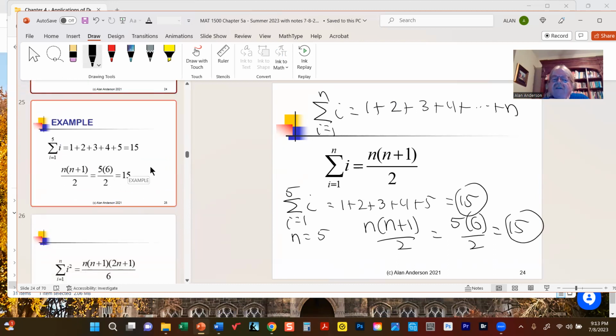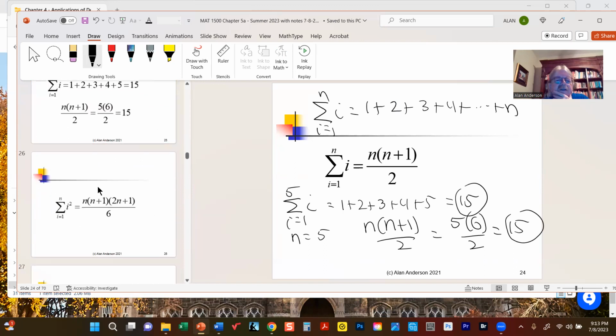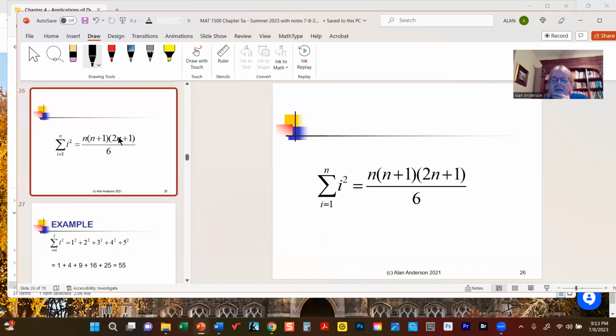Now, the sum of i squared is a little bit messier. Let's take a look at this one. Ooh, that's starting to get very complicated. So let's prove it. Or at least show it with one example. We're not going to actually prove it. That will come in later classes.